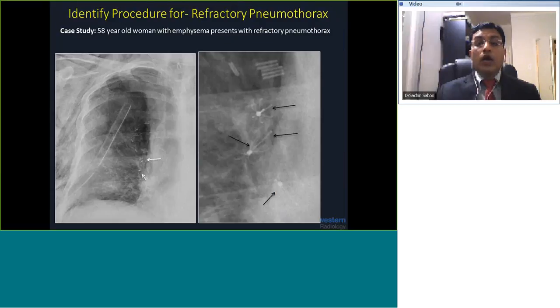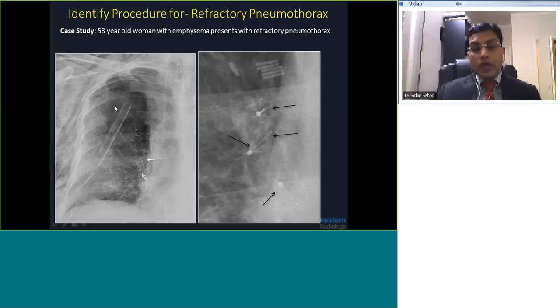So let's take an example, and then we will go over the way it works and why it is indicated. This is a 58-year-old woman with emphysema and refractory pneumothorax. On the radiograph, the patient has a chest tube, a right pneumothorax, and large subcutaneous emphysema.